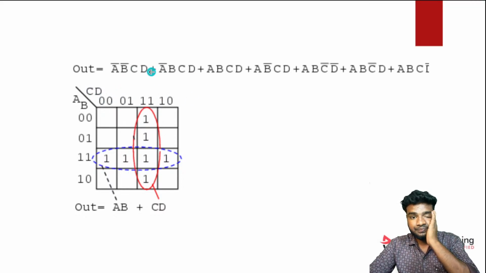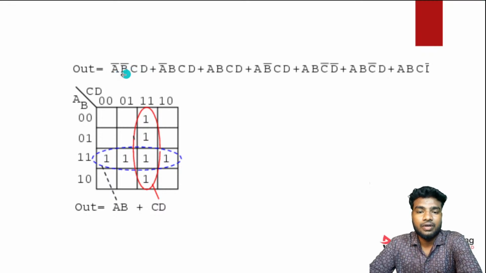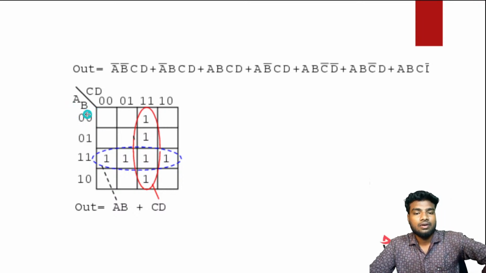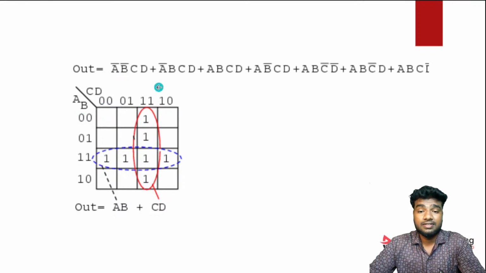So if you take the first term a bar b bar cd, a bar b bar means we take this row. 0 means a bar. So I take this row and then check for cd. So cd means here, I write 1 here.